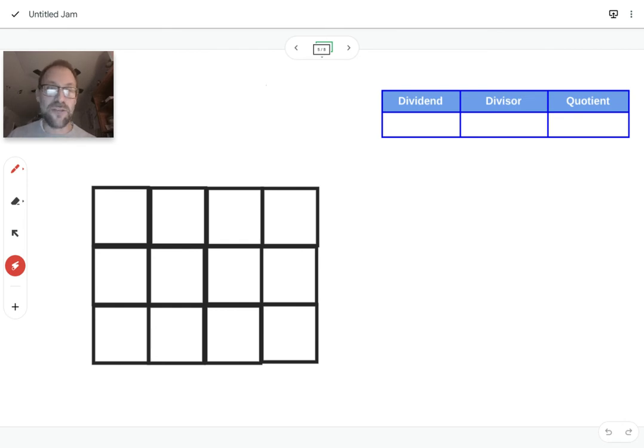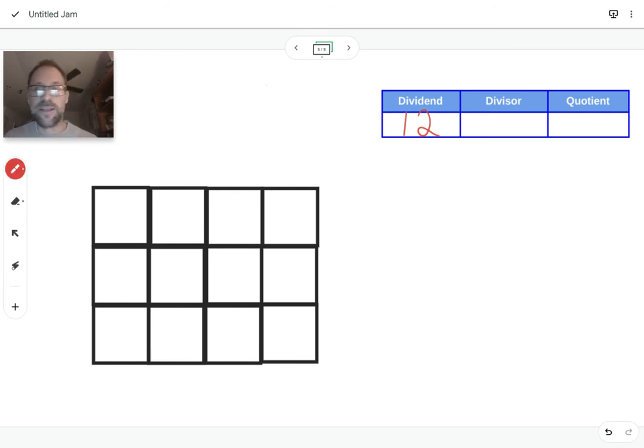Yes, 12 is our dividend because there are 12 squares in all. 1, 2, 3, 4, 5, 6, 7, 8, 9, 10, 11, 12. Right, that is the amount we're starting with. Now, what if we wanted to make our divisor 4. Could we do that? Do you think we can break 12 into 4 equal groups?